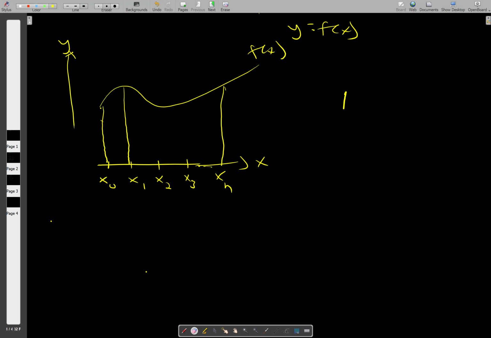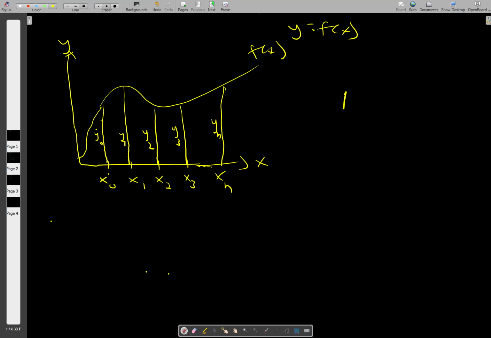Let me draw it again. So we have this x0, so this is y0. This x1, so this y1. Then x2, so this y2, x3, so this y3, up to yn.